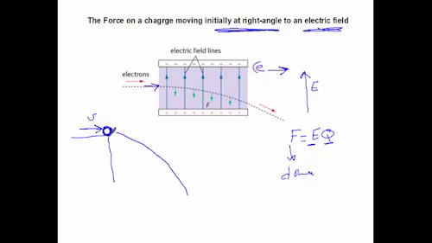Why is this? Because gravity is downward, and there is no horizontal acceleration. So what will happen here, the horizontal velocity, Vx, will be constant.